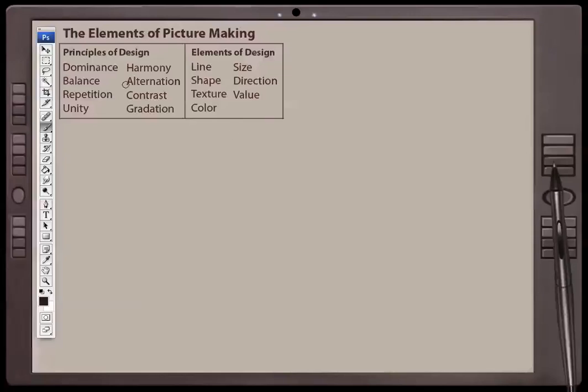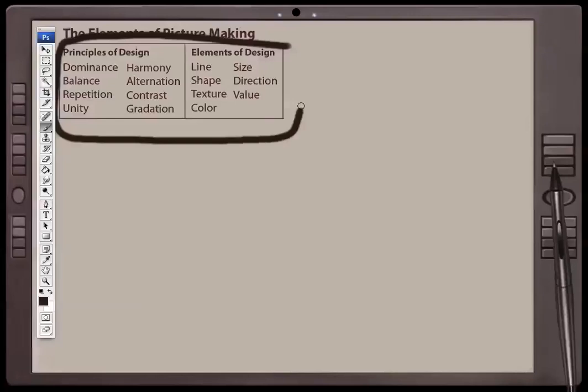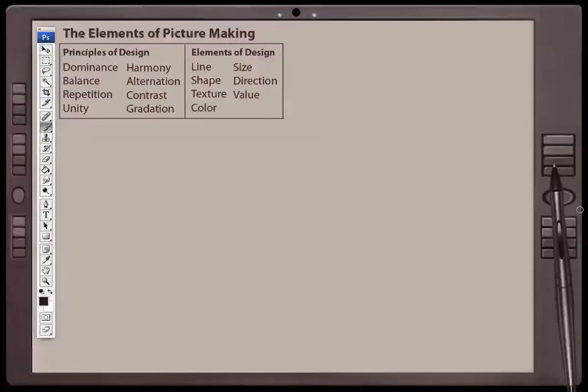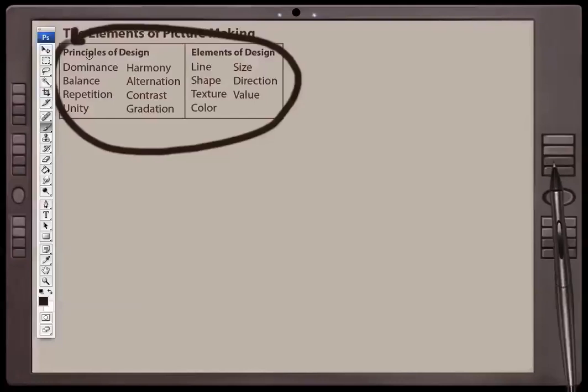But it is basically these elements of picture making, as they are referred to, that I'm concerned with here in the beginning of this course, while I'll be adding additional ones as the course continues. But it is these that are the main elements of picture making that you first really need to learn and understand and apply to your work.